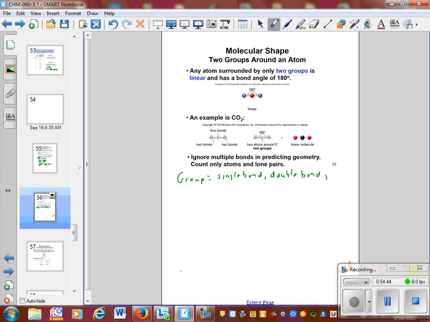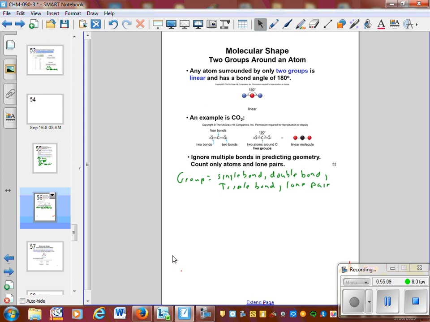All of those make up a group. A double bond is a single group. It's the same as a single bond. A lone pair of electrons is the same as a single bond or a double bond. They each constitute a group of electrons. It's not like a double bond is 2 groups and a single bond is 1 group. No, they're each a group. So that's the important thing to understand.